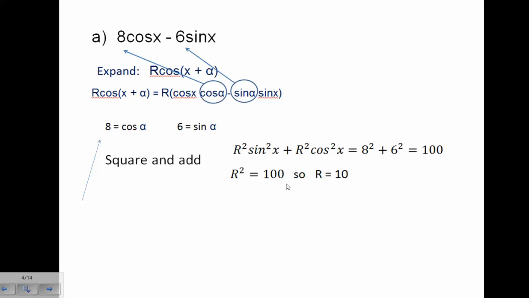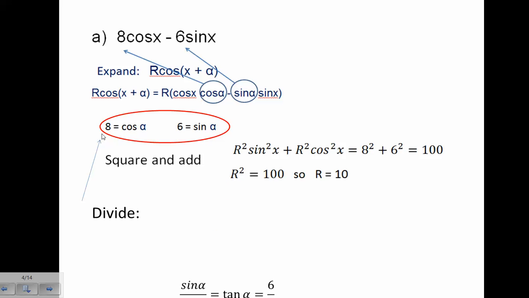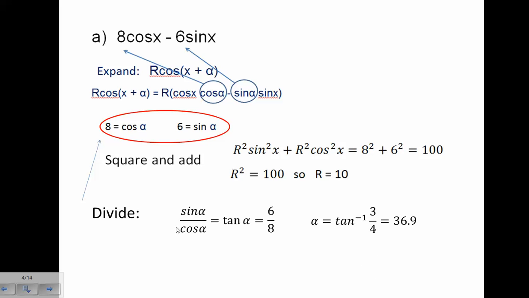And the next thing we need to do is to find alpha. And the way we do that is we divide our two equations. So we're going to divide r sin alpha by r cos alpha, and then divide 6 by 8. The r actually cancels out this time, so we should have an r here and an r here, which will cancel out.